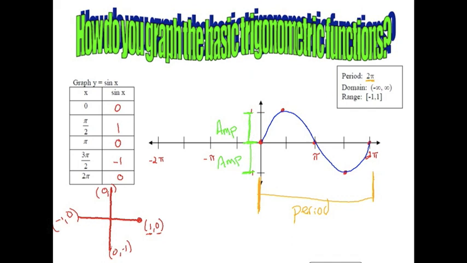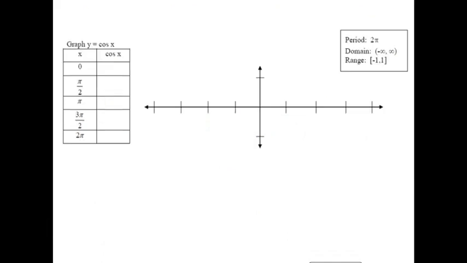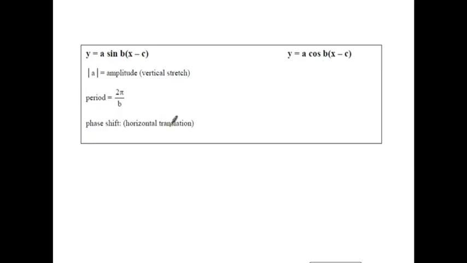So when I go over here to look at my box that I have for the formulas, the A value, the number out in front, is your amplitude, and that's how high and how low it goes from that center axis of your graph. And that's like the vertical stretch, and we'll look at some examples of how that is affected.